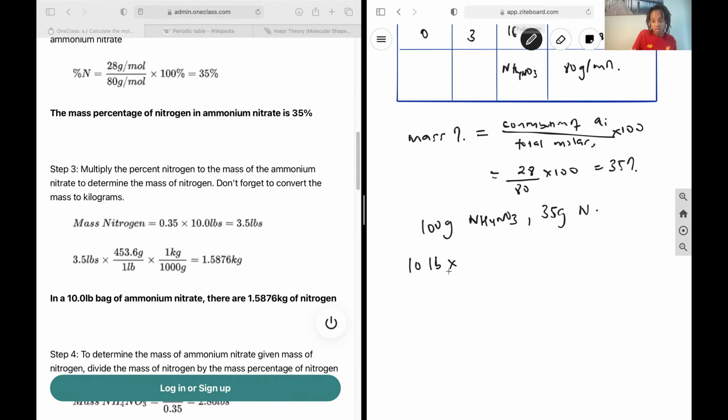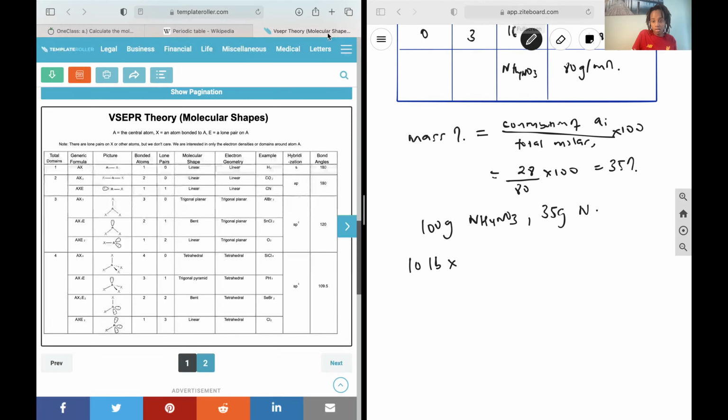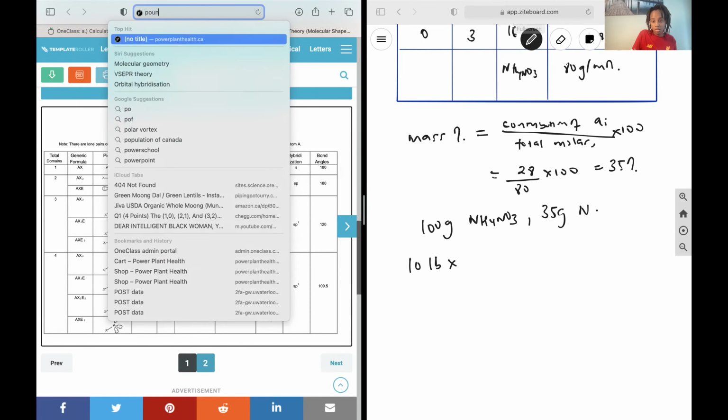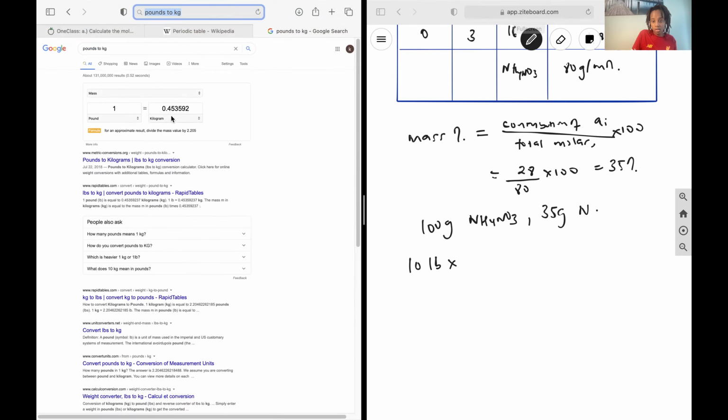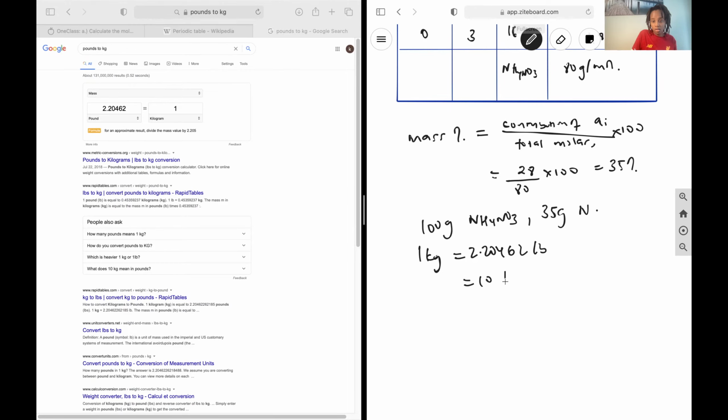So 10 pounds, since 1 kg equals 2.20462 pounds, that means 10 pounds is going to be equal to 10 over that number.